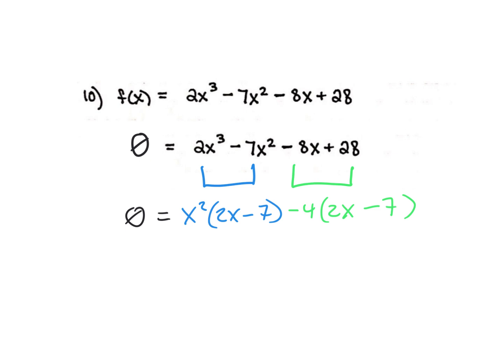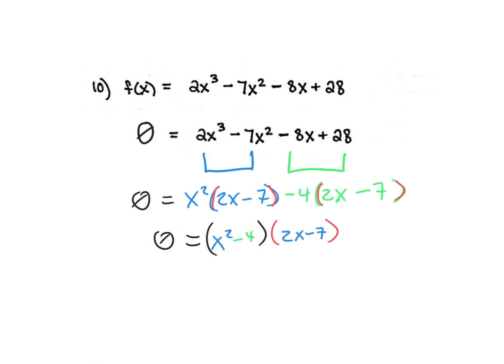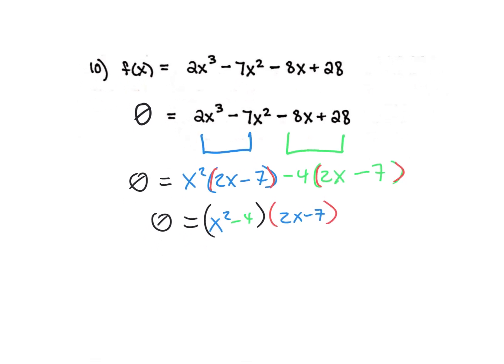Now, the reality is the red parentheses match, which is a beautiful thing. So that means you would have this x squared minus 4, and then you'd have the 2x minus 7 right there.